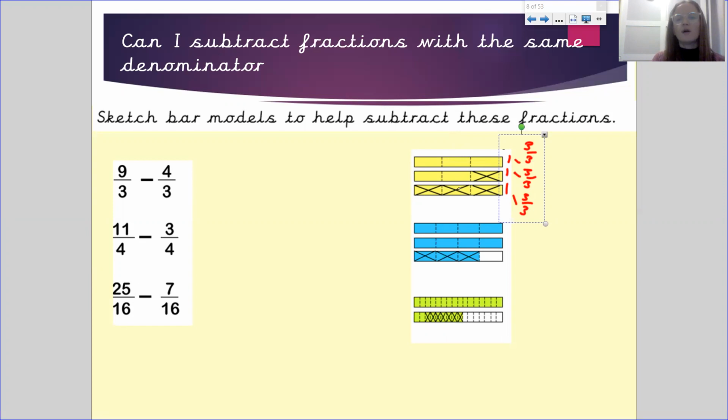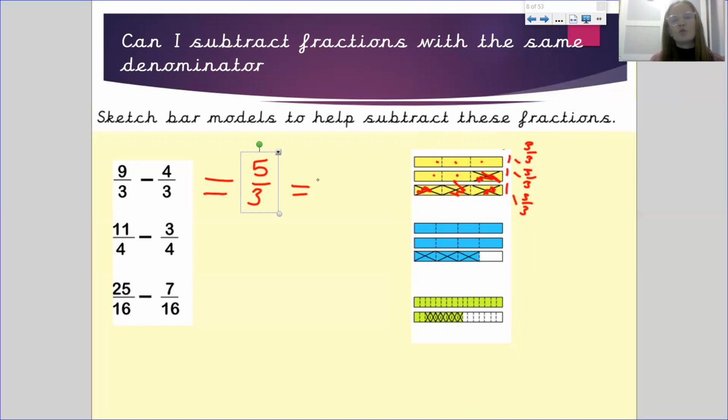They each equal 1 whole. And we're taking away 4 of those. Okay, and we are left with an answer here of 1, 2, 3, 4, 5. So I've got 5/3. If you would like to extend yourself, can you convert that into a mixed number? Give that a think.